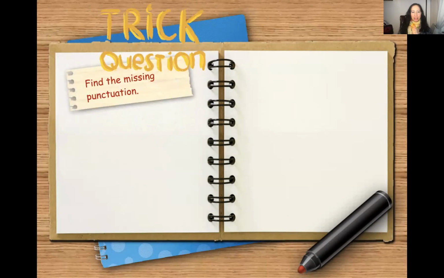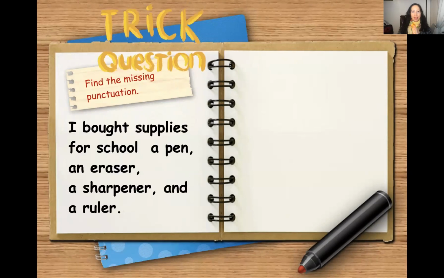Find the missing punctuation. I bought supplies for school, a pen, an eraser, a sharpener, and a ruler. Which one is correct? Now, first, find the missing punctuation.